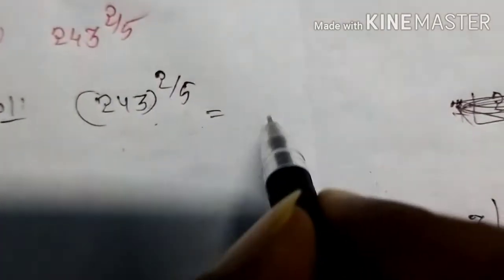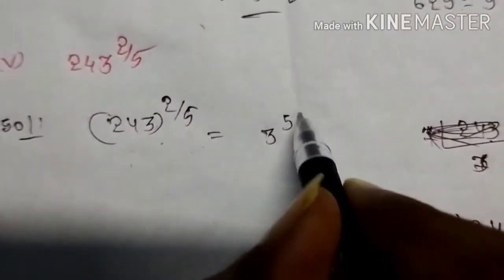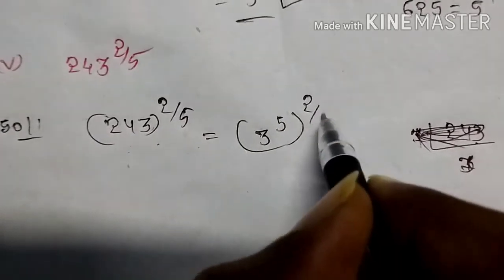How many times repeated you can see here? 243 is equal to 3 power 1, 2, 3, 4, 5. That means 243 is equal to 3 power 5. That means can I write here 243 is equal to 3 power 5 whole power how much? 2 power 5.